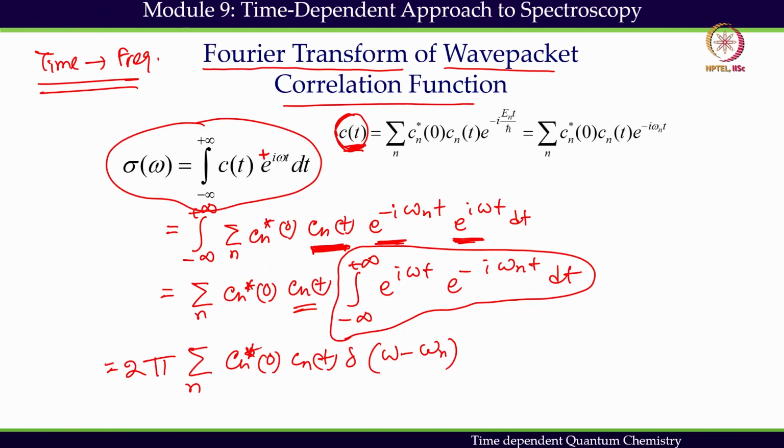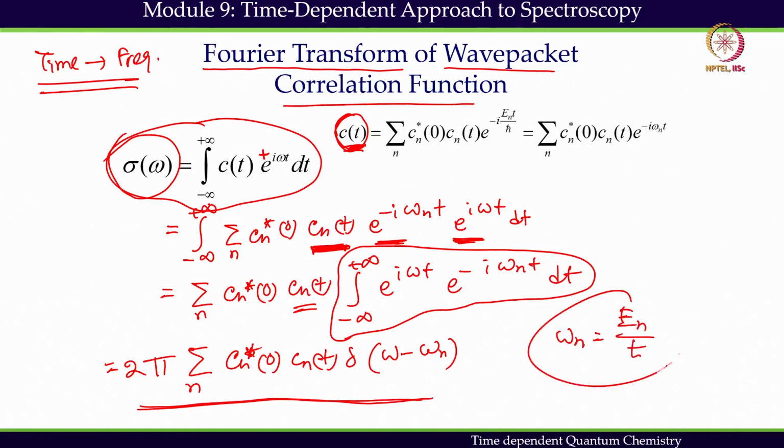So what we see is that sigma omega, which represents the Fourier transform of the correlation function, is given by this, and there is a meaning you can immediately find, where omega n is nothing but En by h cut, and En is the eigenstate energy.